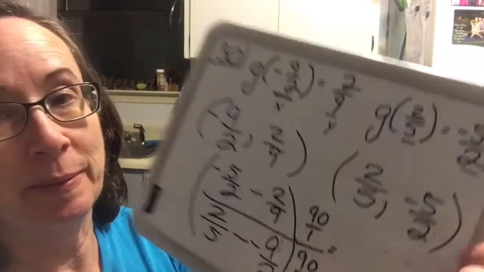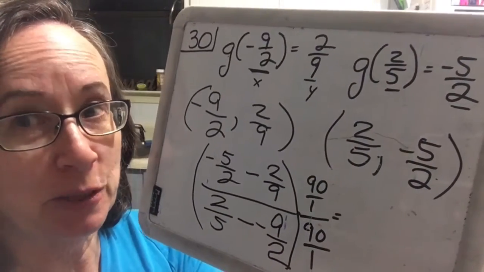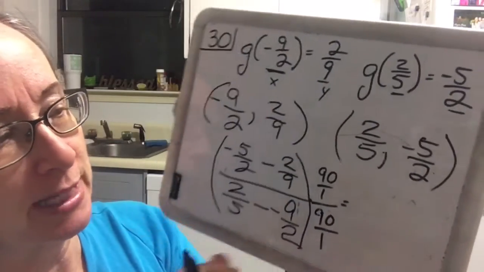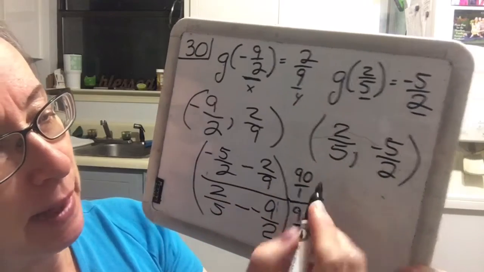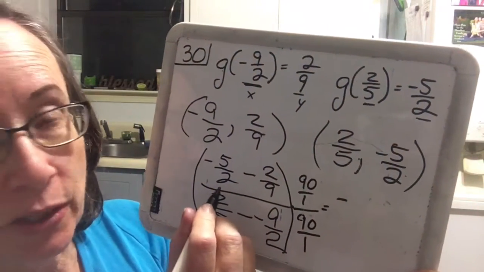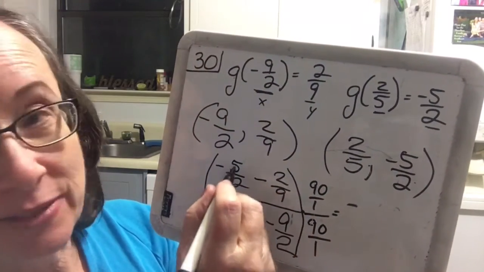Now one cool thing about this is you can do this without doing much math at all. I'm going to end up needing 2 boards for this because I started over too far. A negative times a positive is a negative, and 90 divided by 2 is 45. So I'm going to end up with negative 45 times 5.